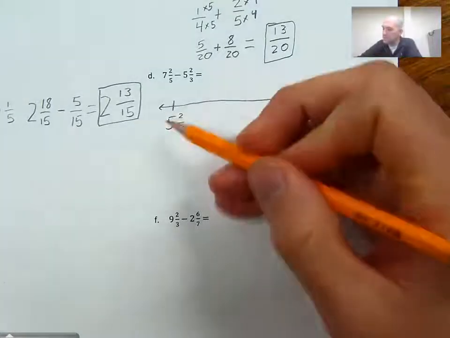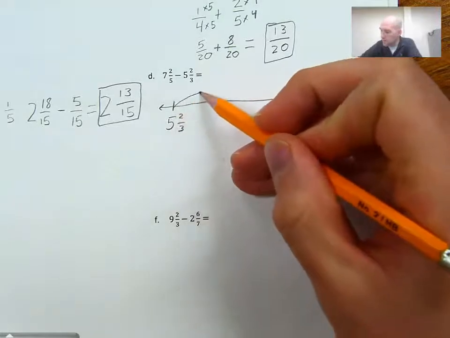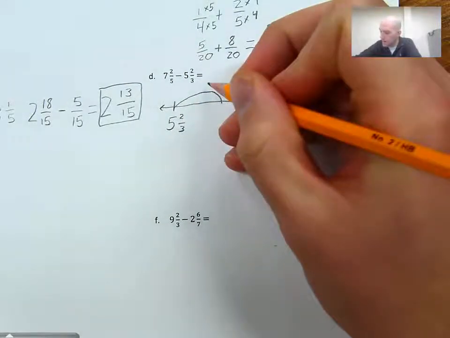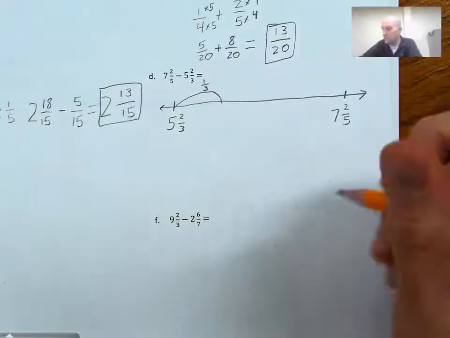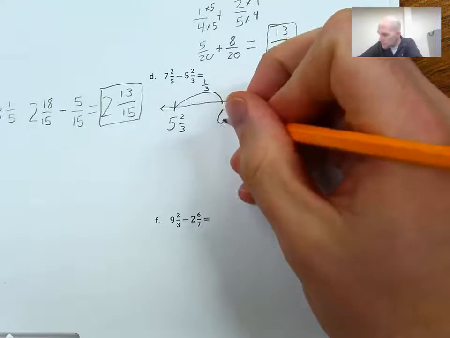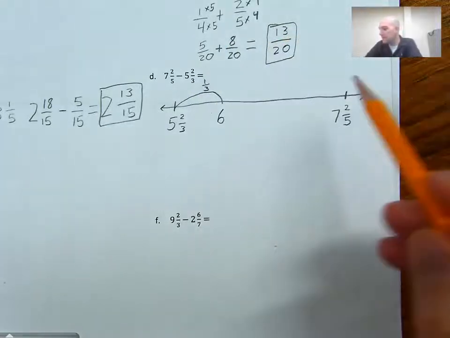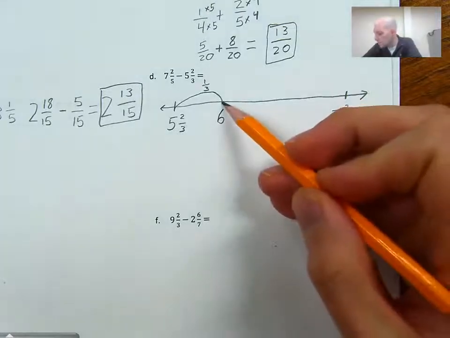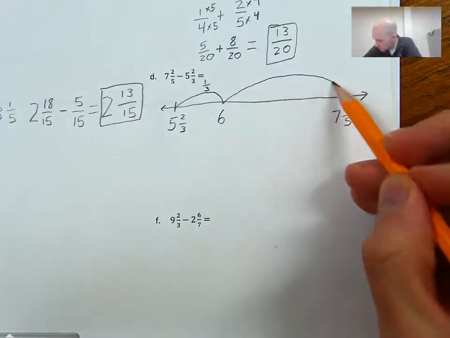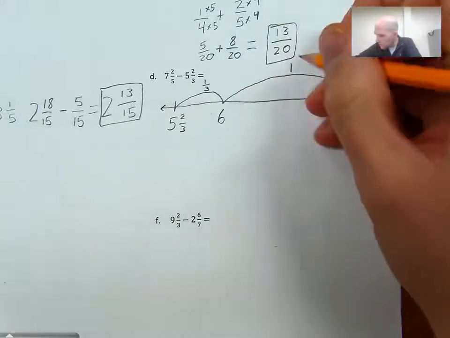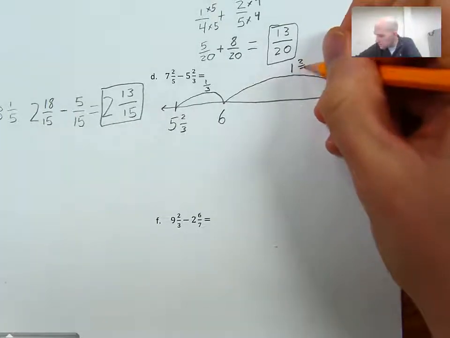To get from 5 and 2/3, I'm going to jump just to my next whole number. And I know I have to go 1/3. 5 and 2/3 plus 1 more third would get me to 6. And then to get from 6 to 7 and 2/5, I have to go 1 and 2/5.